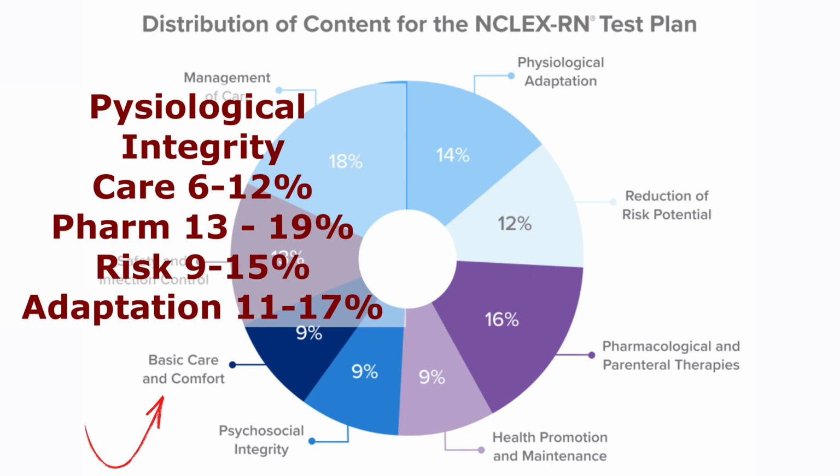So under physiological integrity, client needs will be 6 to 12%. Content distribution is 9%. Now, what does basic care and comfort encompass? Well, it assesses the nurse's understanding of essential client care interventions related to comfort and movement.